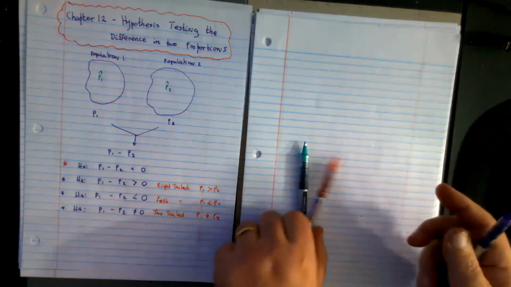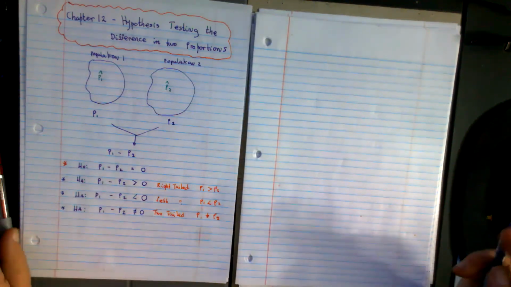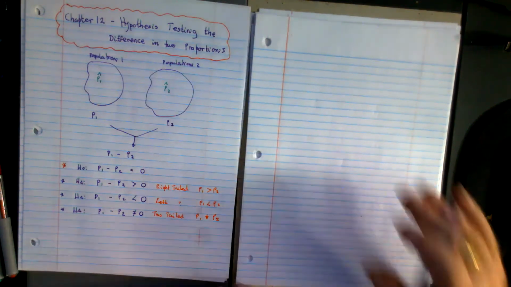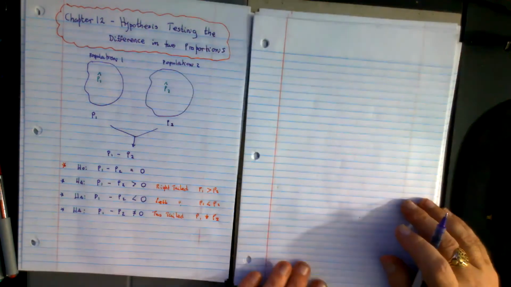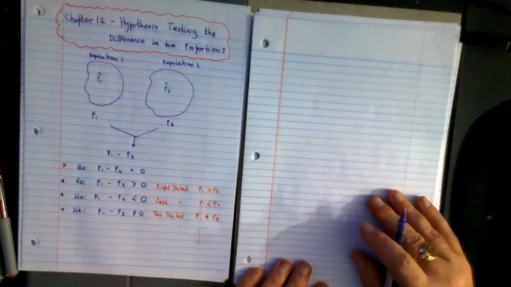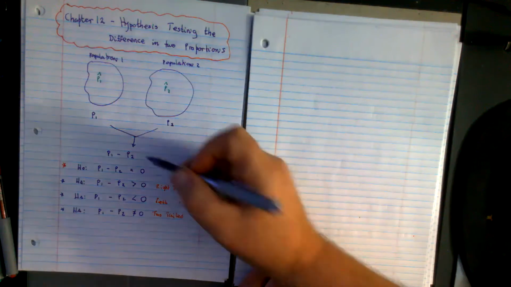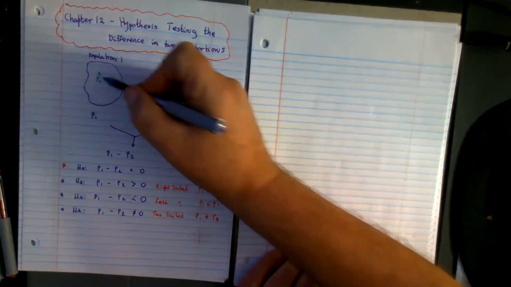Now, how's that going to kind of work itself through? Well, let's take an example and kind of keep it general for a little while and then tell you how it works in particular. So we have these 2 populations. We find our 2 samples.